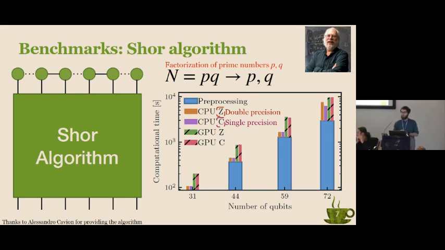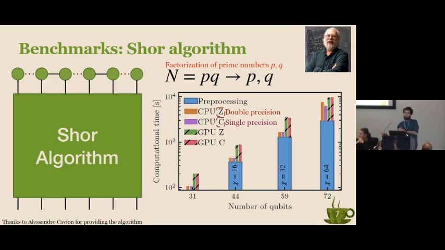And as you see, a lot of time is taken by the preprocessing, writing the very non-local Shor algorithm in a form that is easy for the MPS, but then the computational time is not bad. And these are the bond dimension used. Just to give you an idea, the 72 qubits are connected to the number 581 to be factorized.